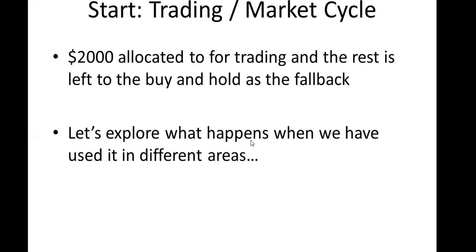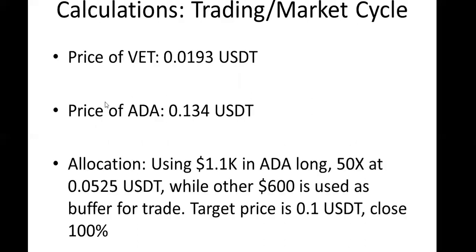Now let's explore what happens when we have used it in different areas. Okay, calculations right here. That's the price once again. Now, these are the prices that we're going to have as the sell prices.